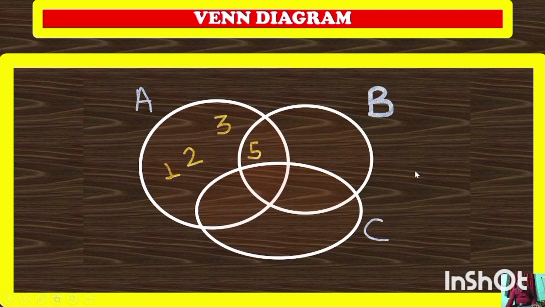Look at here, the elements are written. What elements do you have to write within the same Venn diagram? These are the regions of the set A, and the elements are 1, 2, 3, 4, 5.